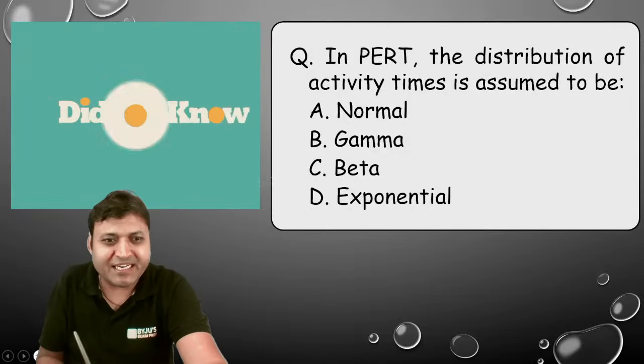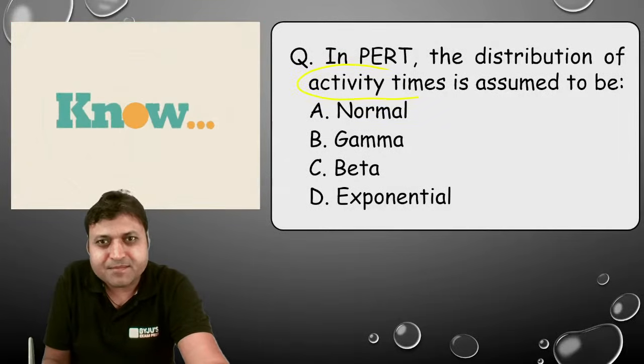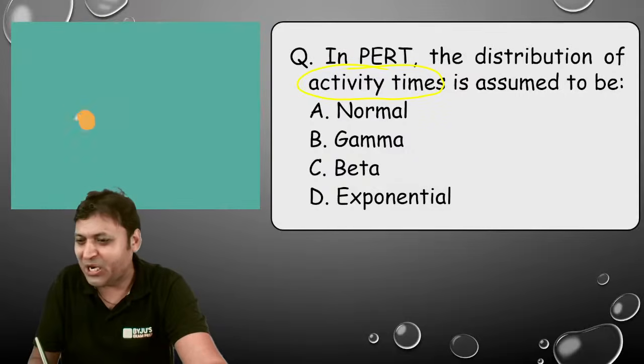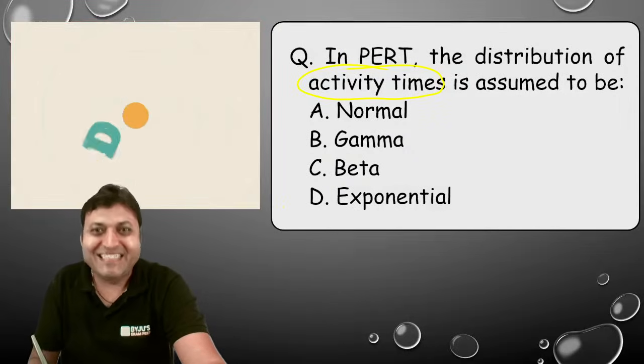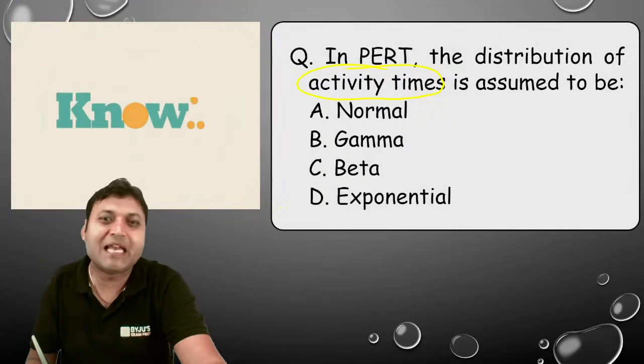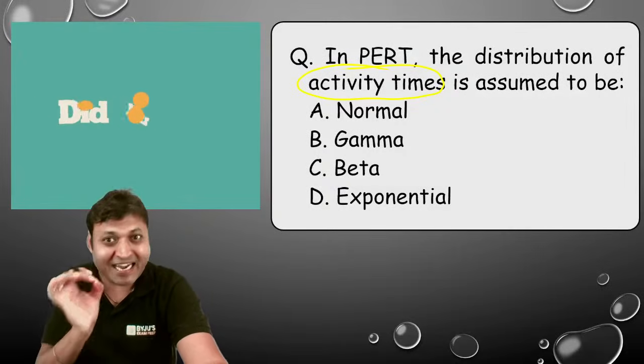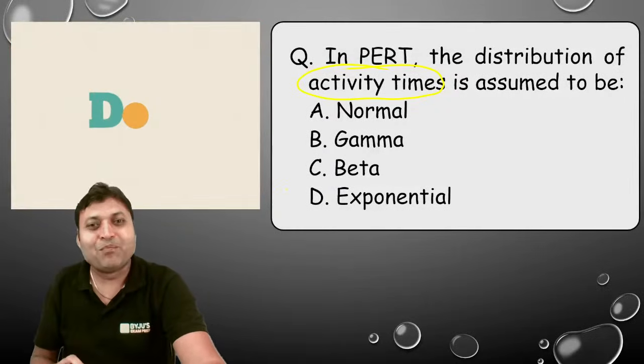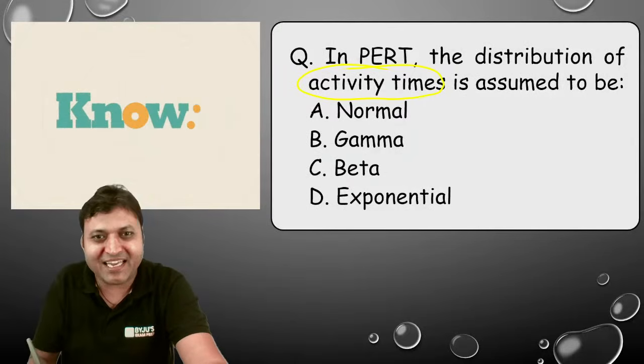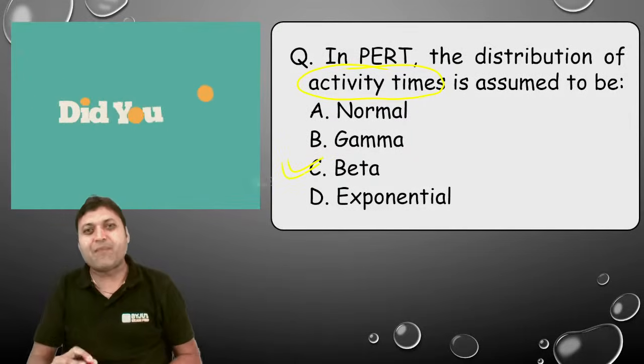The activity time estimates. No, Hassan. That is the confusing part in PERT analysis. That is the point where most of the students get confused. There are two time estimates.